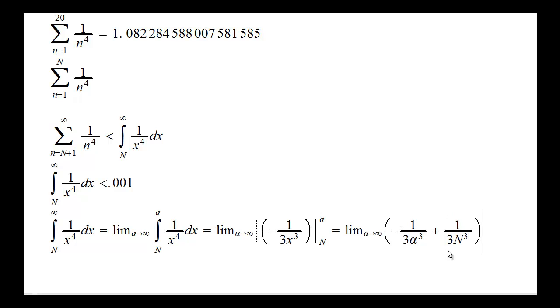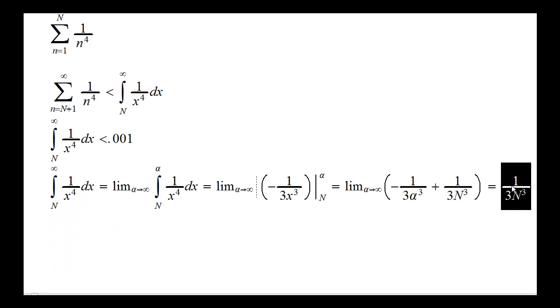As alpha goes to infinity, this will go to 0. So the whole thing equals simply this. Now everything else will just be finding capital N so that this quantity is less than 0.001.